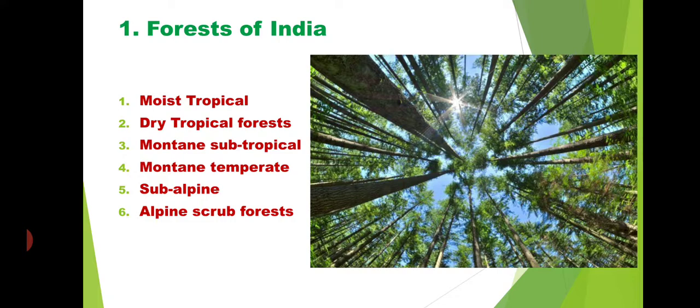Dry forests are seen in arid regions like the desert areas of Rajasthan and some parts of Punjab. There the annual rainfall is between 30 and 40 inches. Such a forest we can consider as dry forest.